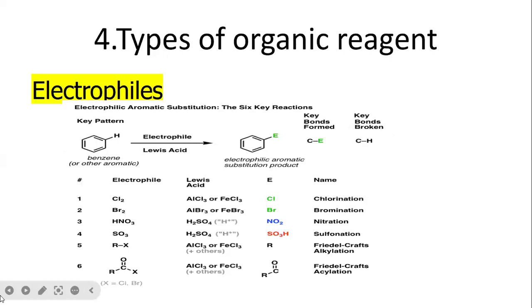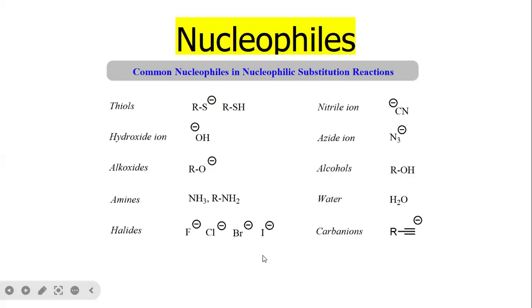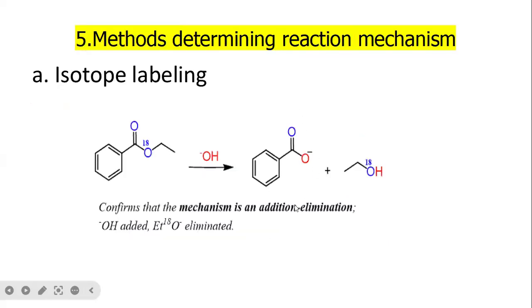Types of organic reagent: electrophiles are reagents that are electron lovers or electron acceptors. Similarly, the electron donors are the nucleophiles. Methods of determining the reaction mechanism: isotope labeling.